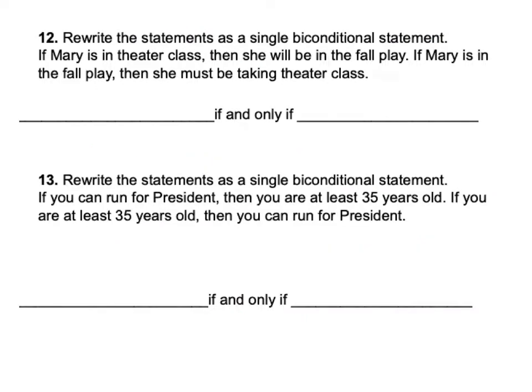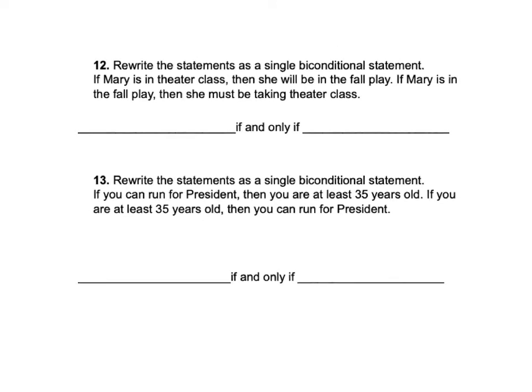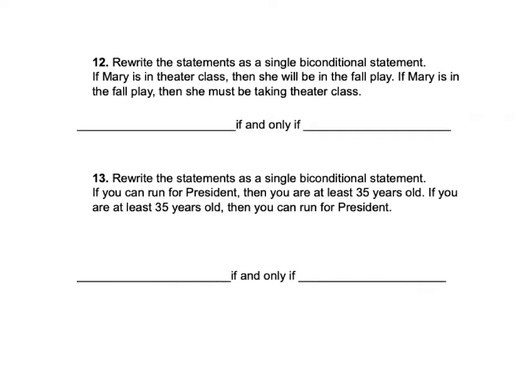All right, again, we are just practicing this a couple more times. If you want to pause the video and try it on your own to make sure that you are writing them correctly, please do. This one already has the conditional statement and the converse written for you. If Mary is in theater class, then she will be in the fall play. If Mary is in the fall play, then she must be taking theater class.